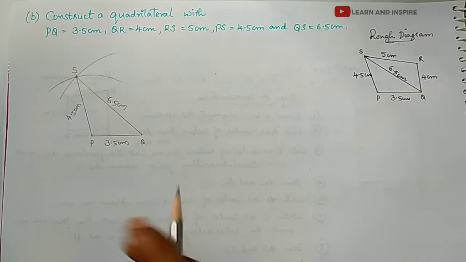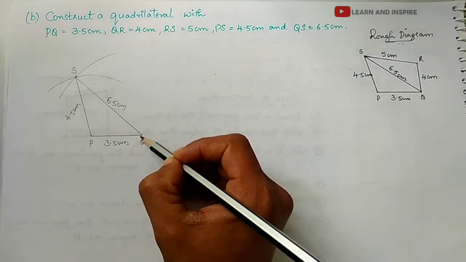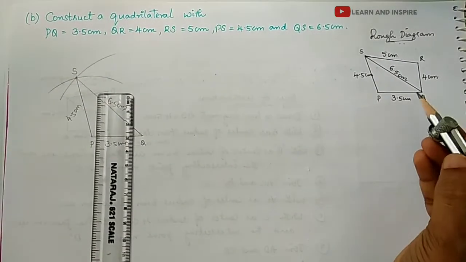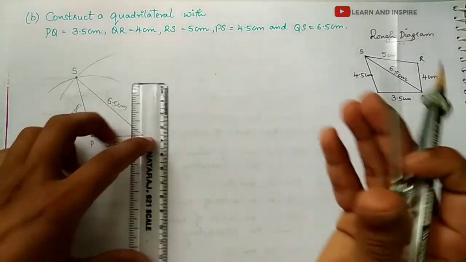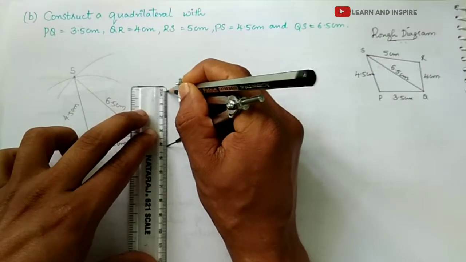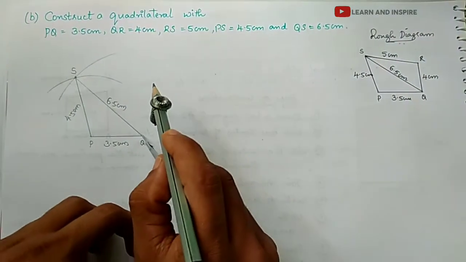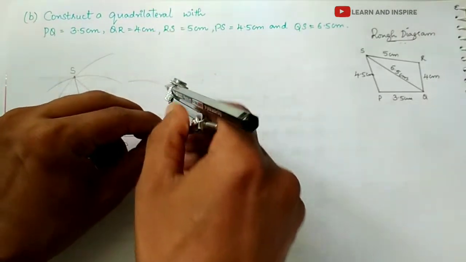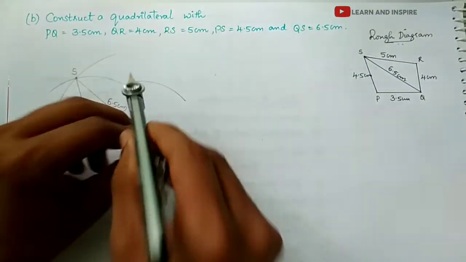Okay, on the next step we can start at Q. Q as center 4 centimeters. So we have to draw an arc. So take 4 centimeters radius, with the Q as center of radius 4 centimeters, draw an arc.